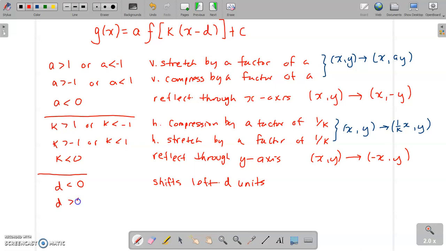And when d is greater than 0, we shift right d units. So that would affect your x value. So it's going to be x plus or minus d.